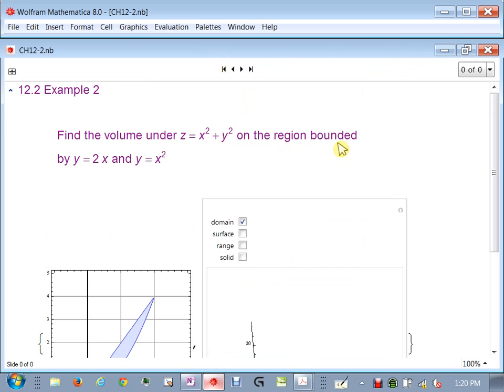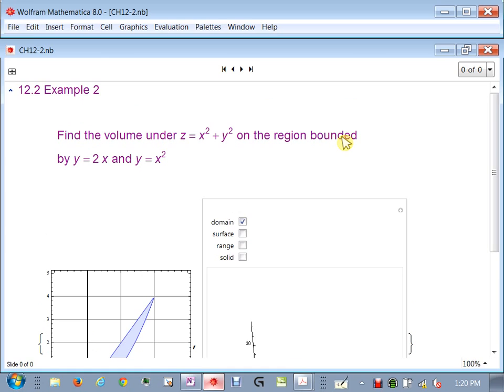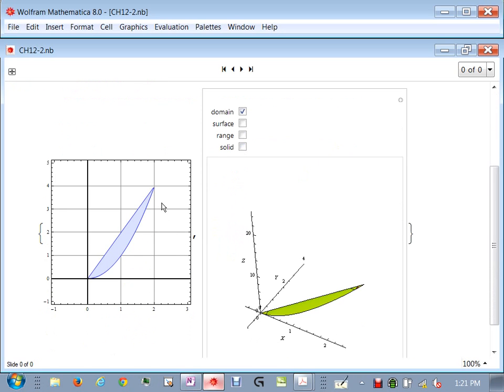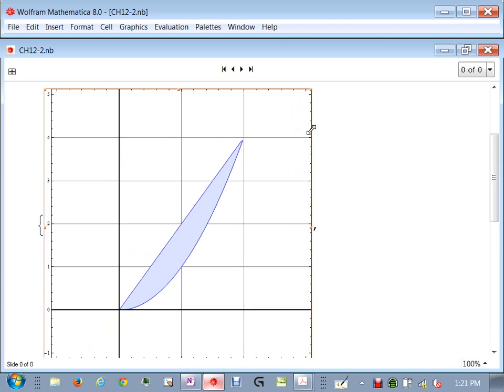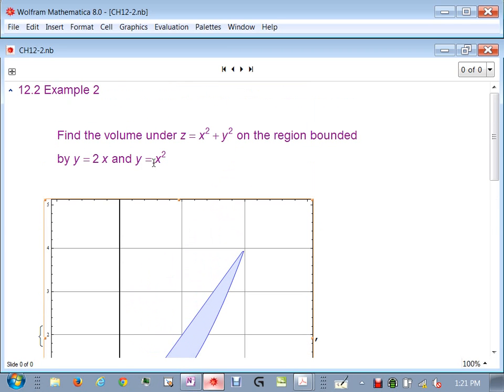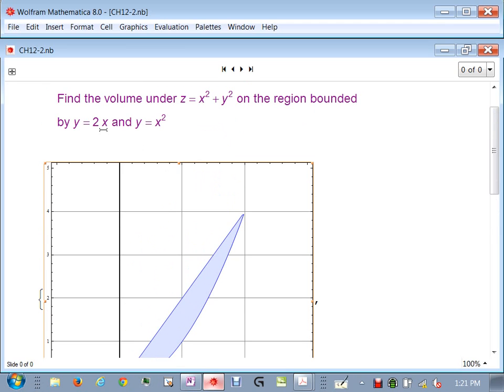All right, so let's look at this one. We have find the volume under z equals x squared plus y squared on the region bounded by y equals 2x and y equals x squared. In an effort to save us some time, does everyone believe that they could graph the region? You have a parabola, y equals x squared, and then you have a line, 2x.